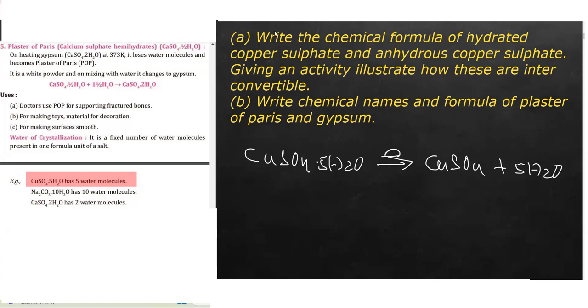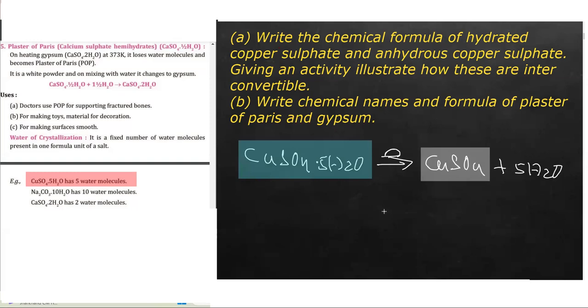As you know, this copper sulfate, the hydrated one, is blue in color. And when it loses its water of crystallization, it turns into white powder. And they are interconvertible. That means hydrated to anhydrous, right? And the reverse is also possible.